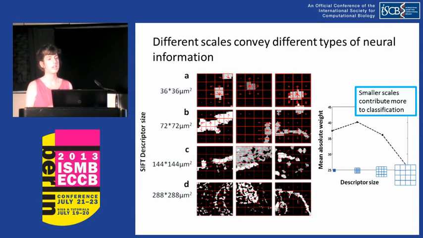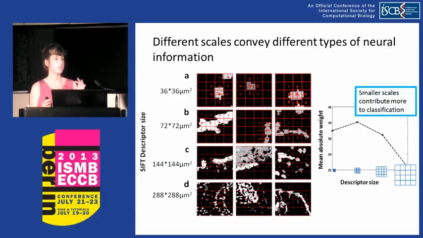You can see that there's completely different neural information captured by all the different sizes. The larger descriptors capture complex patterns of mixtures of cells in a tissue, and smaller descriptors capture thin cell lines. And the smallest ones actually capture single cells and their shapes.